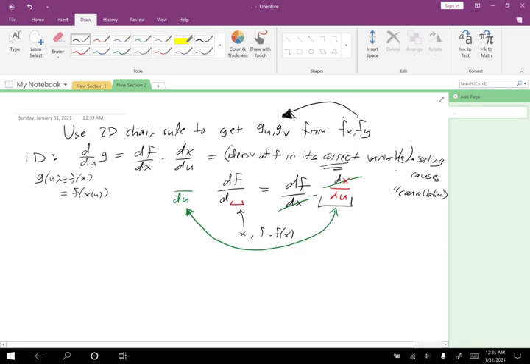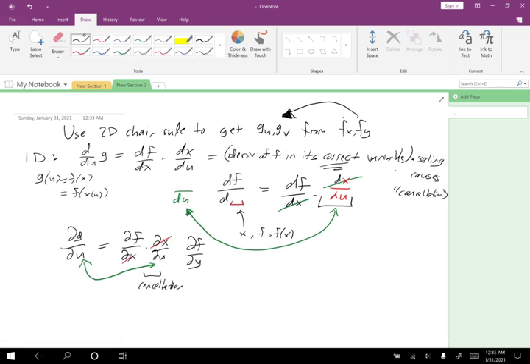So how would I do the chain rule for dg du? Well, I would do the exact same stuff. I would put df dx, and I could put a df dy, because these are the things that f is a function of. So now I just need cancellation factors. What I want is a dx on top, remember, because this will cancel. And then I will put du on the bottom, because that is what is on the left-hand side.